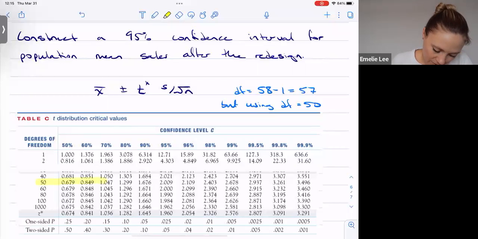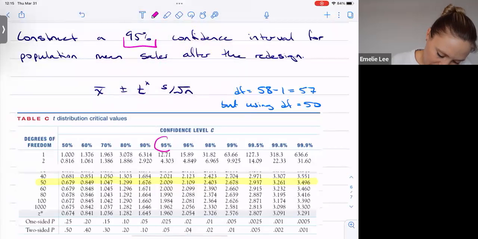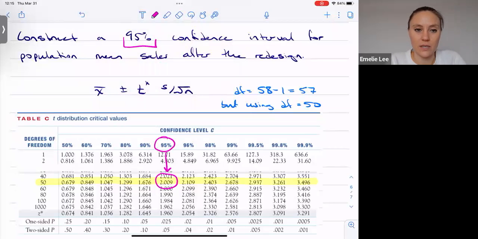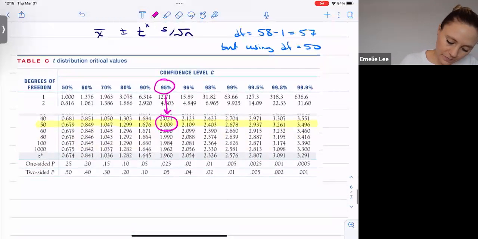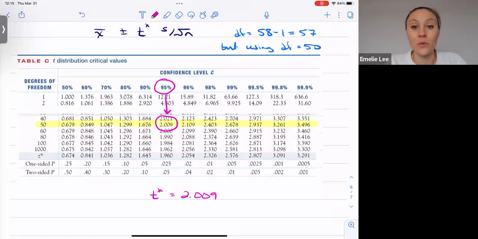So we've got 50 degrees of freedom, and I want a 95% confidence interval, so my T star is 2.009. Notice that that's only slightly different from 1.96.